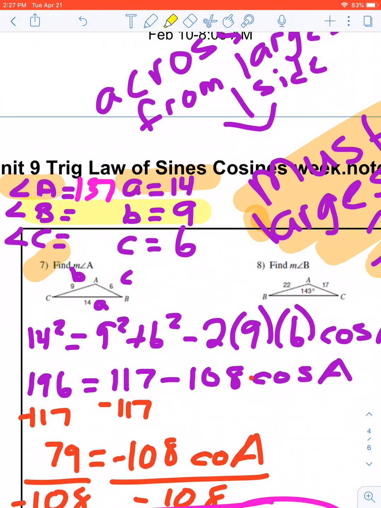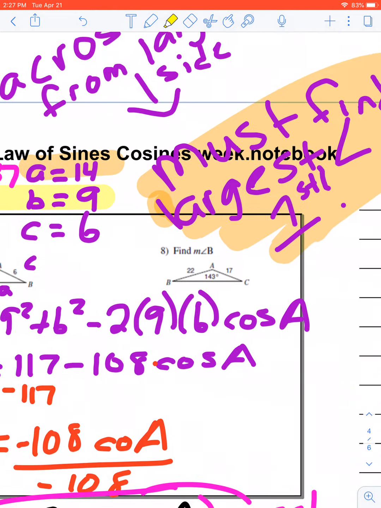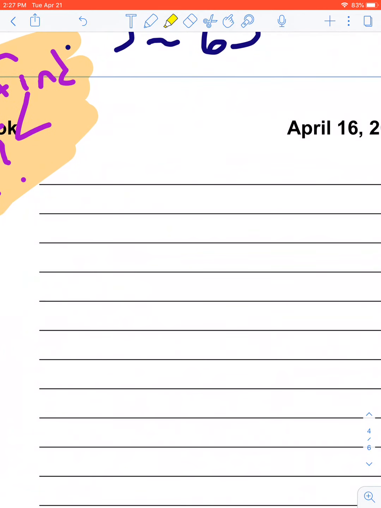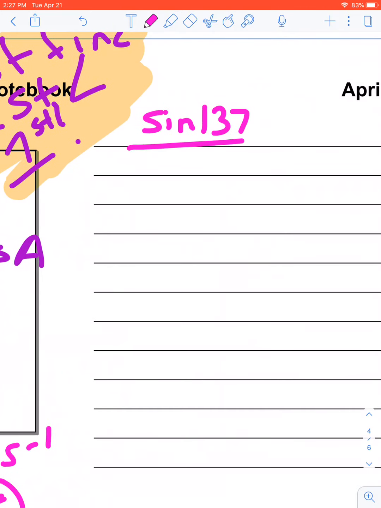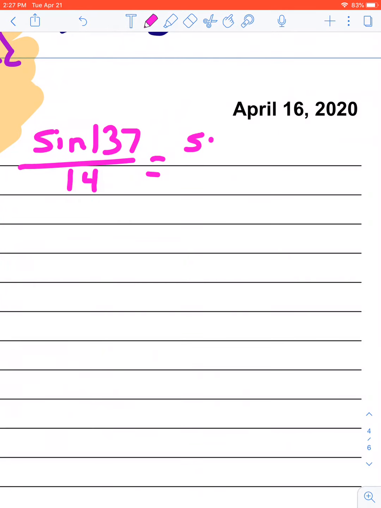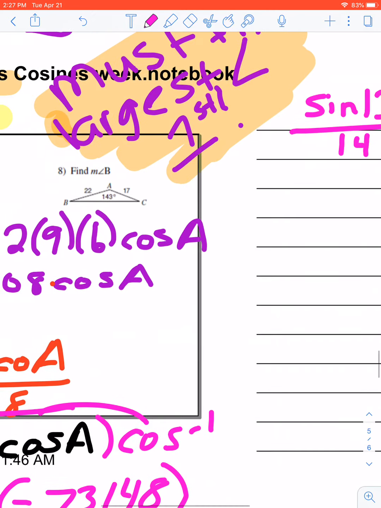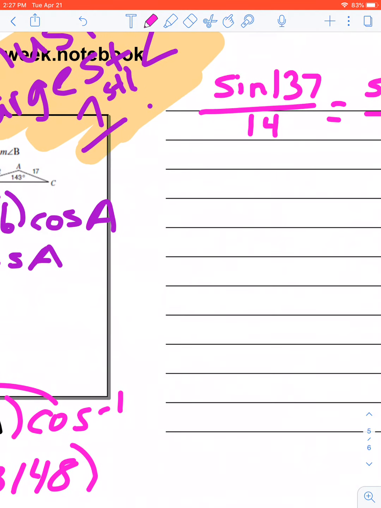Angle A and side A are going to be my given, and then I'm finding angle B. So let's move this over, and let's find our B. So I do sine of 137 over our side length, which was 14, equals sine of B, because that's what I'm finding, over the measurement of side B, which was 9.